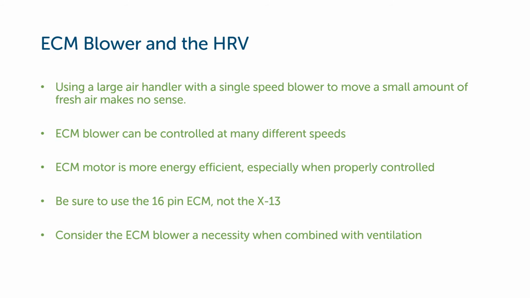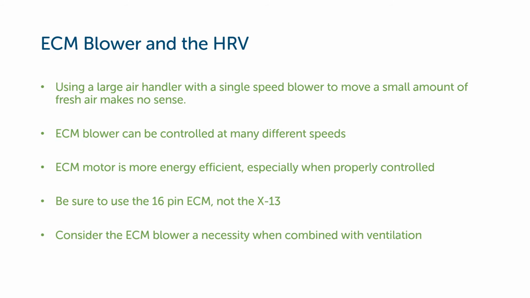Use an ECM motor. A 16-pin ECM motor can run as low as 40 watts. And this creates efficiency gains even over the 13-pin ECM motor, and is light years better than the PSC motor. The ECM motor can be controlled at several different speeds. It's nice to run the ventilation on low speed.